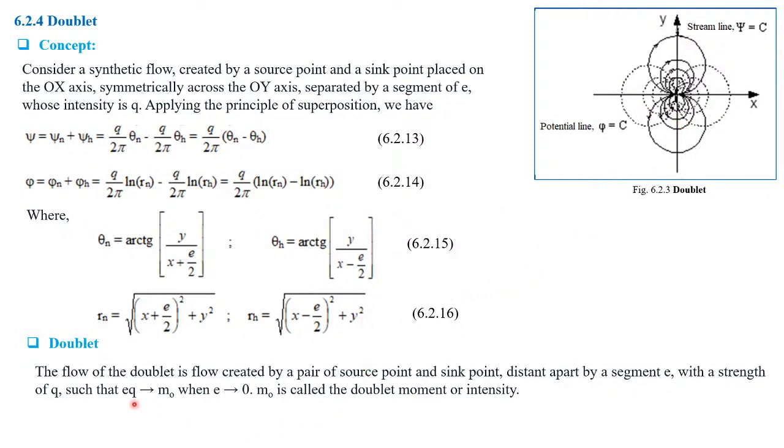And in this case we assume e multiplied by the discharge Q, the value of the source or the sink, e multiplied by Q approaches M0 when e approaches 0, and M0 we call the doublet moment or intensity of the doublet.